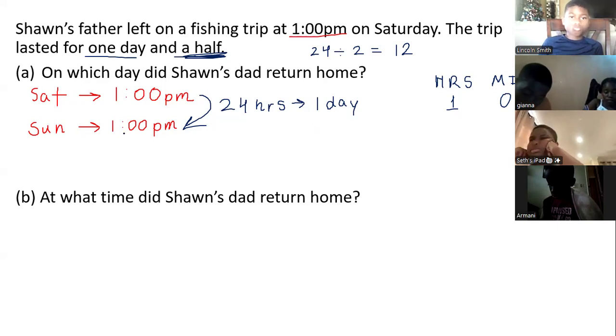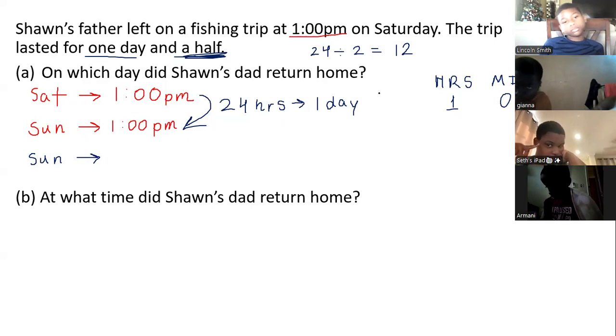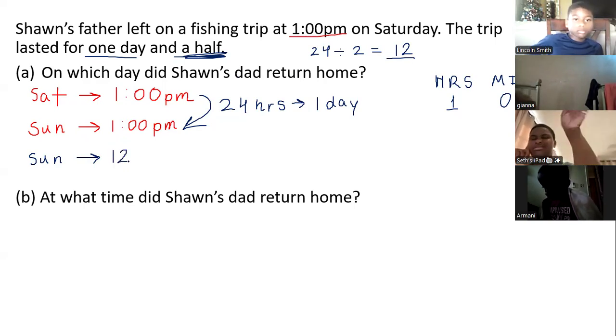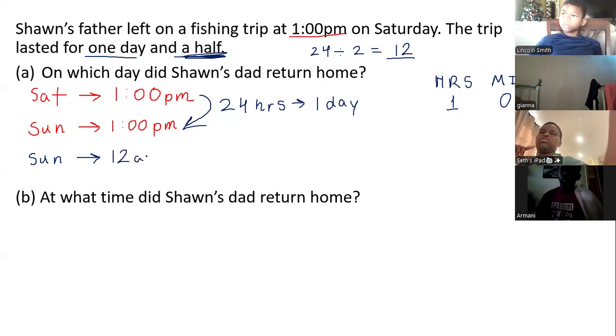What we're gonna do is go to Sunday midnight. Because if we try to add 12, that'll give us until the next day. So we're gonna add to reach Sunday at 12 midnight, 12 a.m. How many hours is that from 1 p.m. to 12?